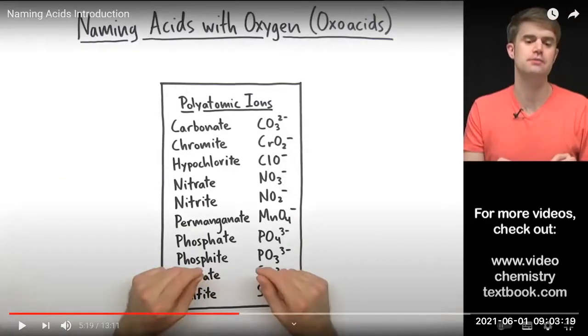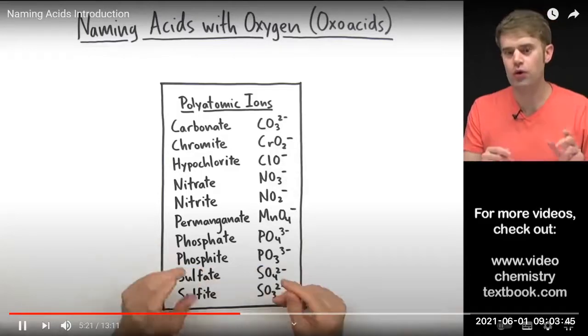So the key for naming oxyacids is taking a look at the suffix of the polyatomic ion. You're going to have only 2 possibilities: the suffix ate, like carbonate, and the suffix ite, like chromite. That is going to define how you're going to be naming the acid.